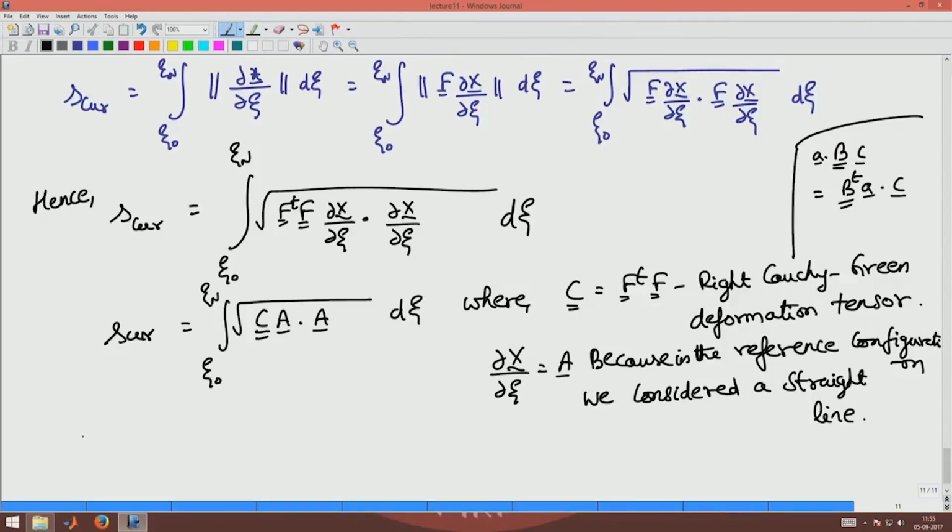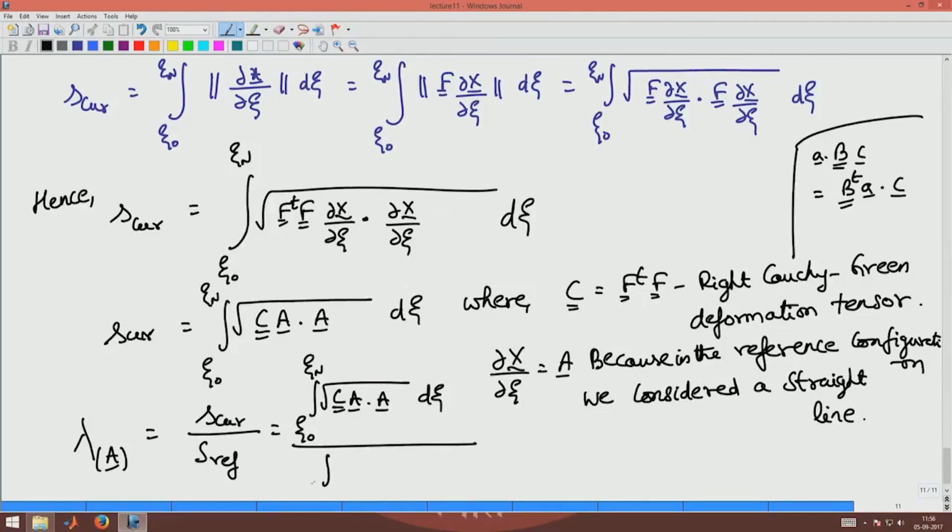So, we are interested in the stretch ratio lambda along a direction A, which is S current by S reference, which in our case will be the integral from psi 0 to psi n of the square root of C A dotted with A d psi, divided by the integral from psi 0 to psi n of A dotted with A d psi.